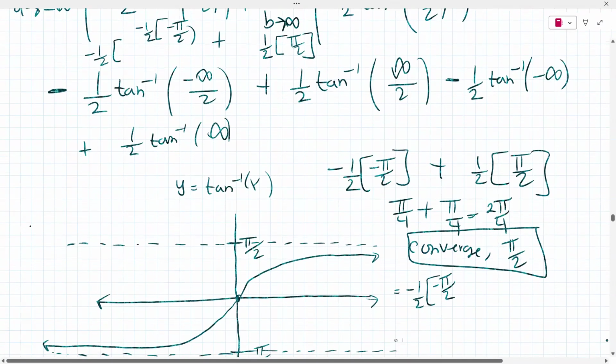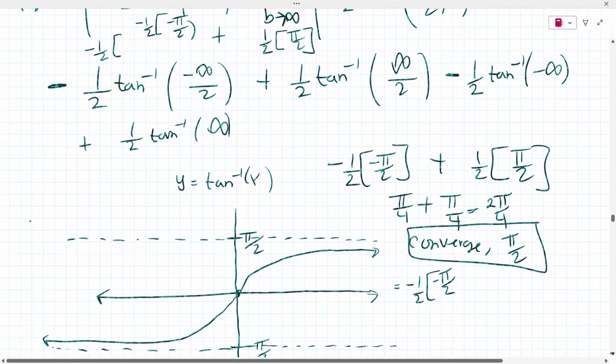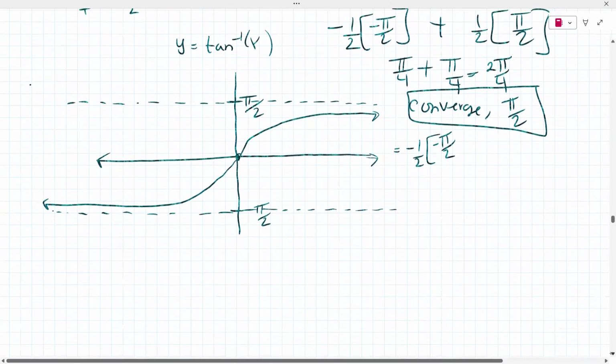Our next problems, we're going to deal with some kind of discontinuity. Let's move on to example 9.